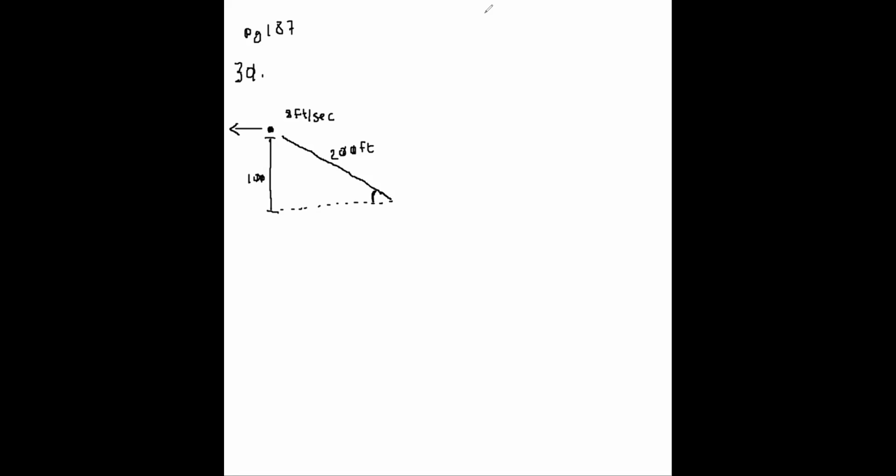Yes, exactly. Awesome. So what we want is d theta/dt, where theta is our angle here. So we want to know at what rate that angle is changing. We can use sine to find it. Awesome. Perfect. Okay.